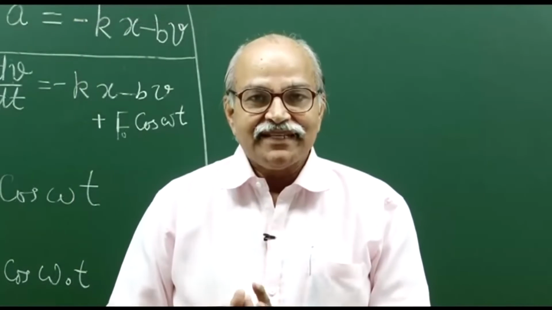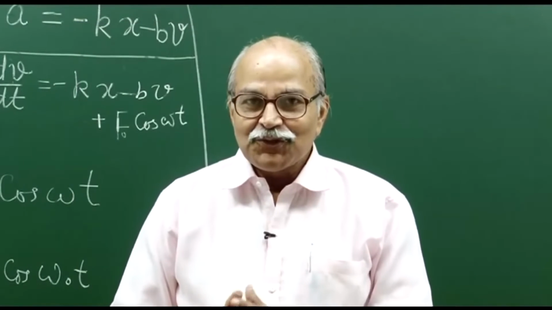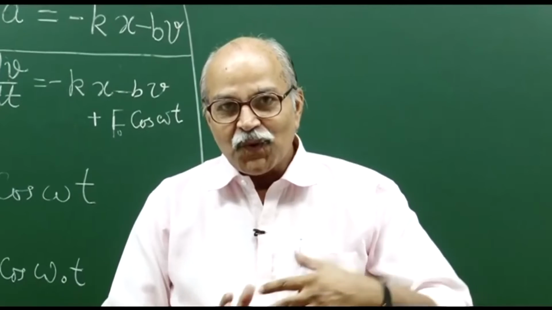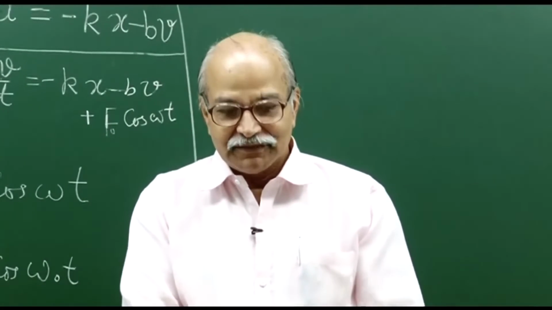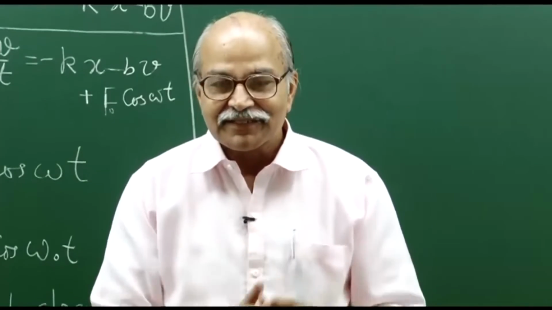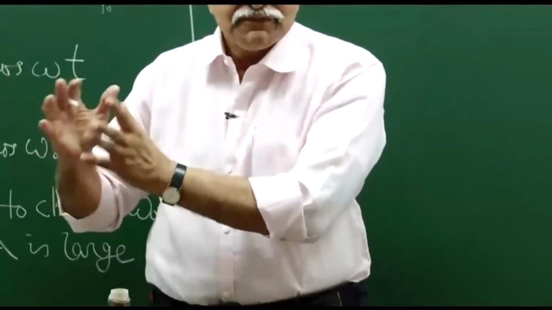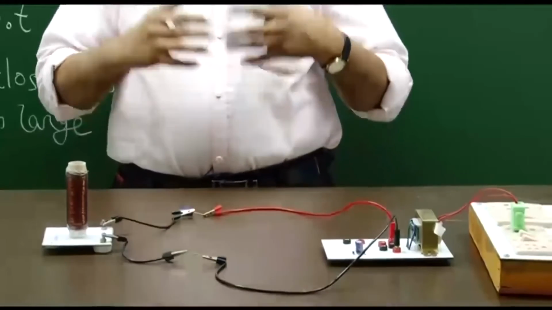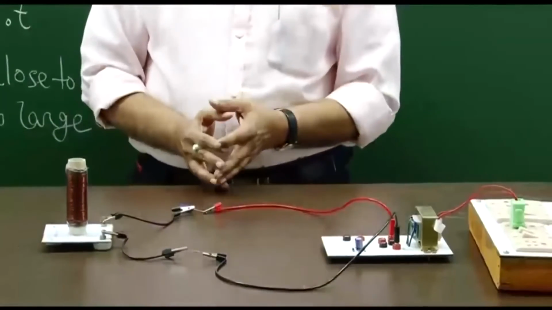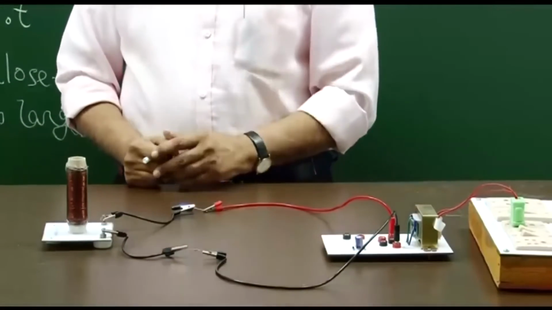See, in the previous lecture, I showed you a mathematically equivalent system in terms of an electrical circuit. In a mechanical system something oscillates, but in an electrical circuit, current can oscillate.